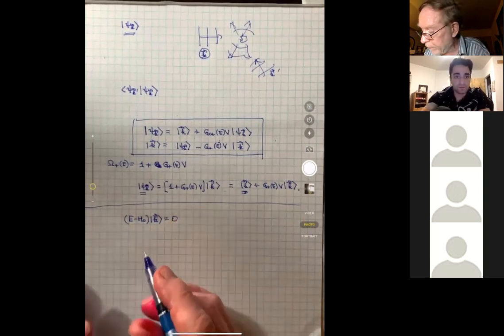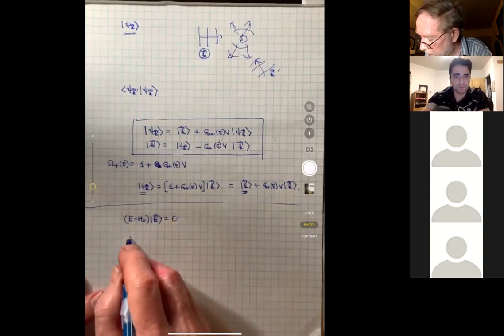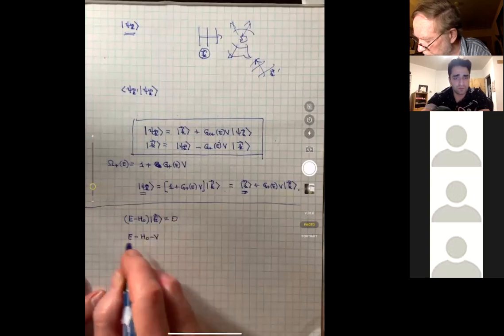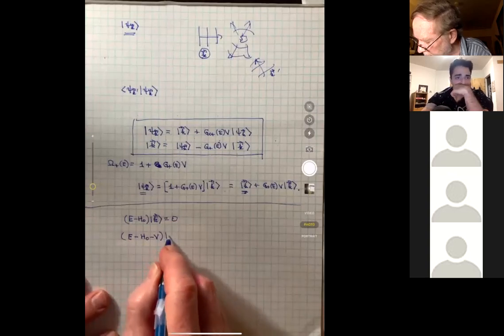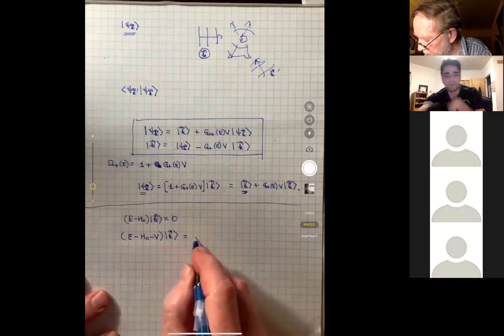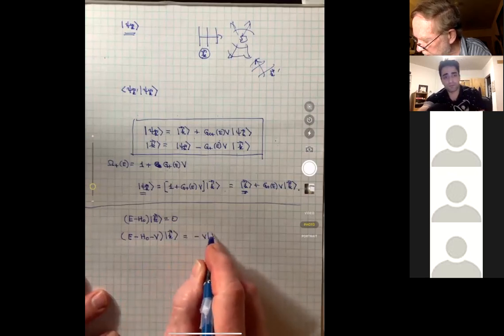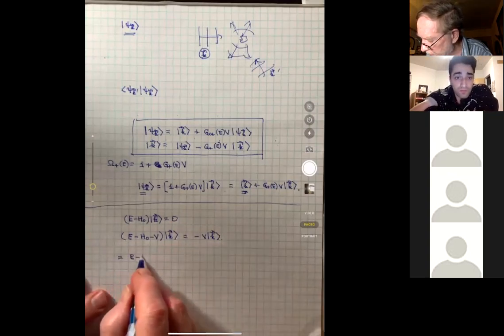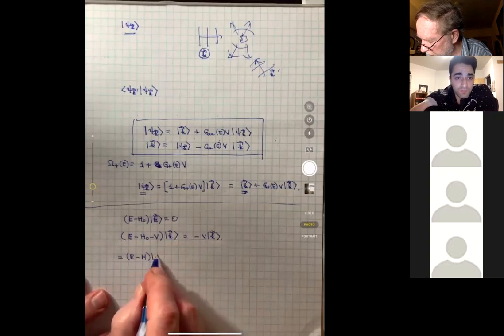How am I going to solve this? Well, I can do it like this. Let's write E minus H0, subtract the potential V on k, and then compensate by putting minus V on k on the right-hand side. And the left-hand side is, of course, E minus H acting on k.